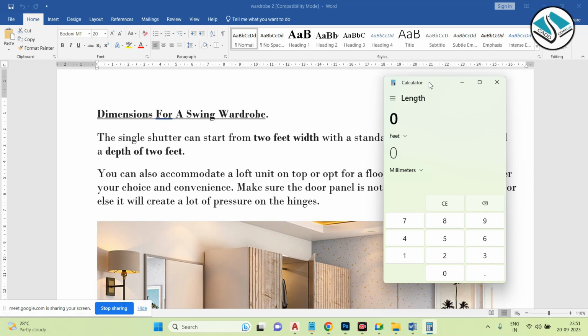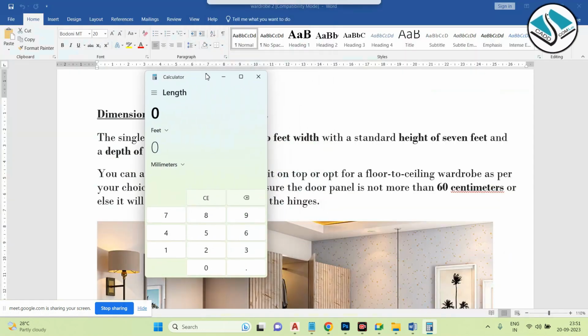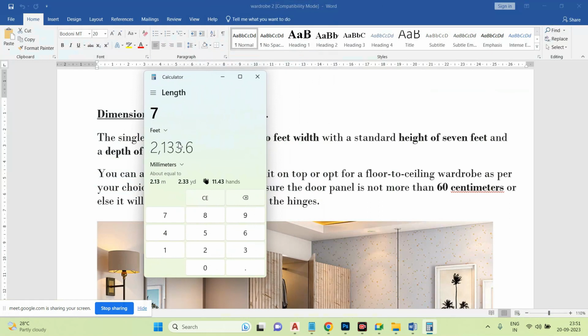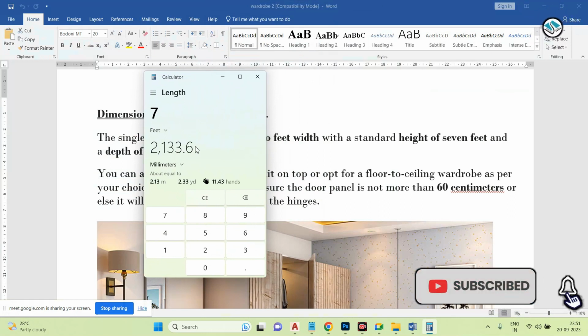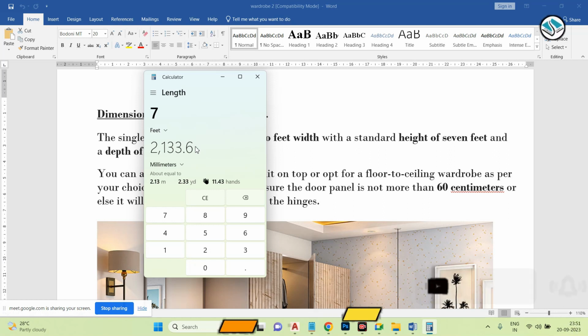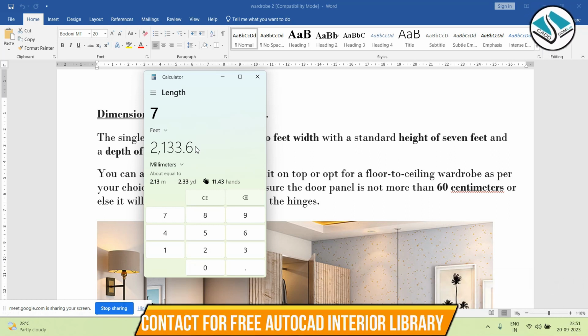That can be 60 centimeters. Is the width standard, maybe? Actually, the width depends on the space. You can use any size, but the height should be standard. Like height means you can mention 2133. 2133 is the standard height of the wardrobe.